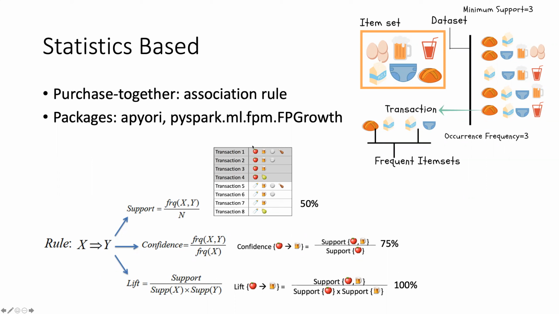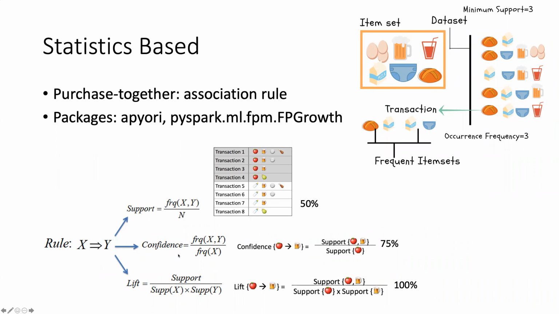This support means, among all the transactions, what's the ratio of people who purchase these products. For example, here we can also calculate the support for apple and beer, which is 3 divided by 8, so that's like 37.5%, something like that.